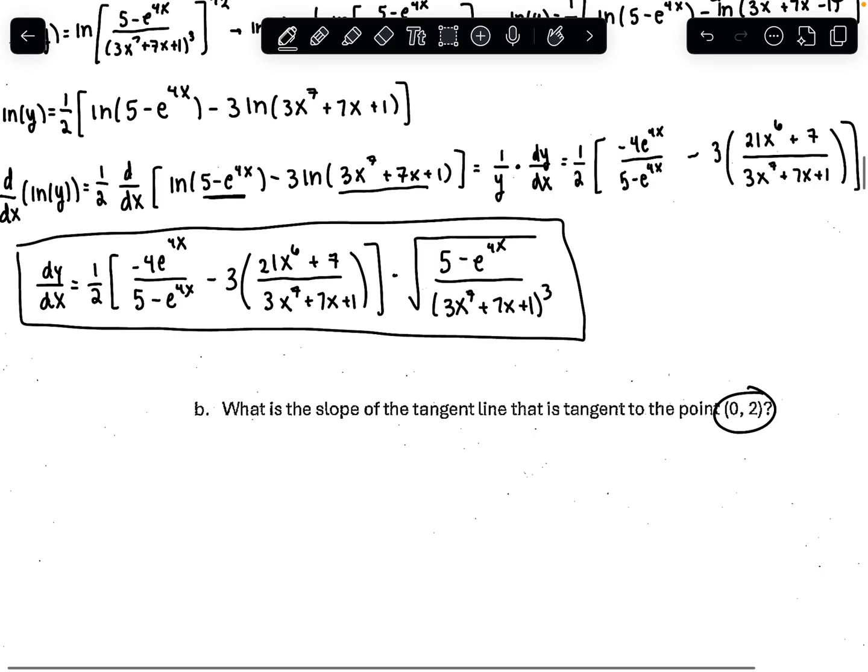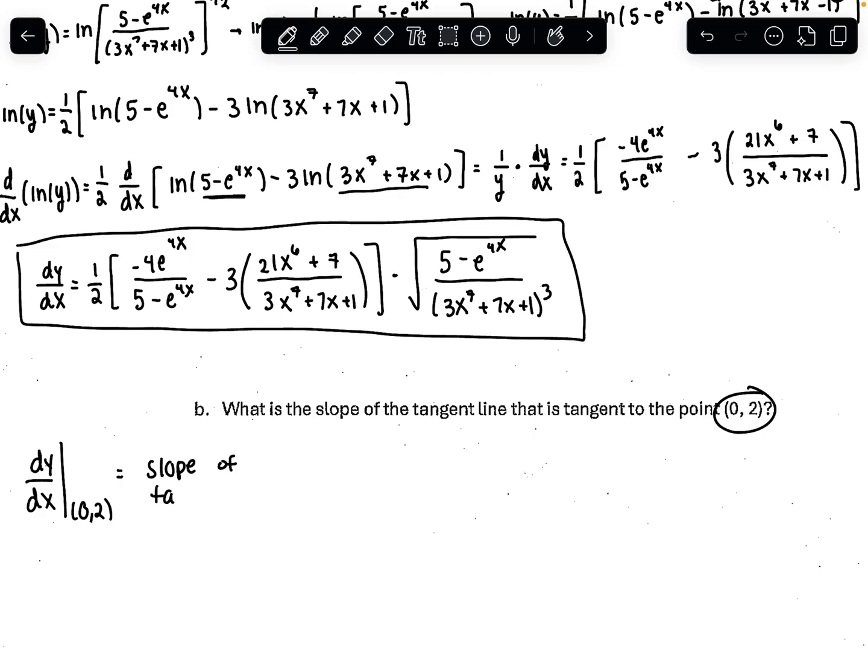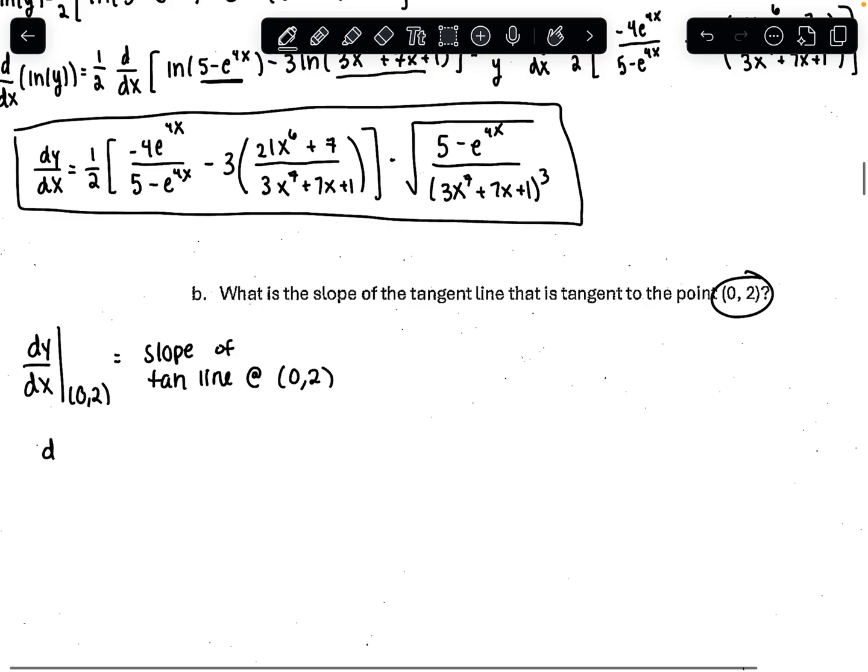But good news, we already found its derivative, because dy/dx, if I evaluate this at (0, 2), is going to give me the slope of the tangent line at (0, 2). So we just want the slope. We don't need the equation of the line, so that's nice.